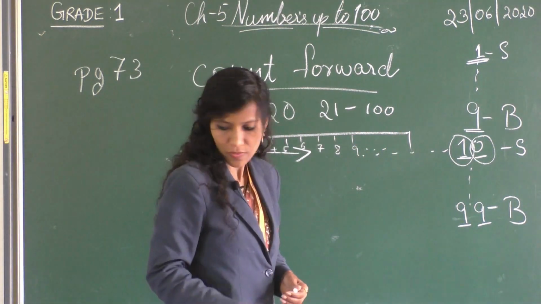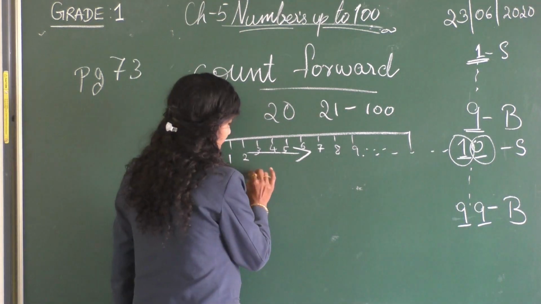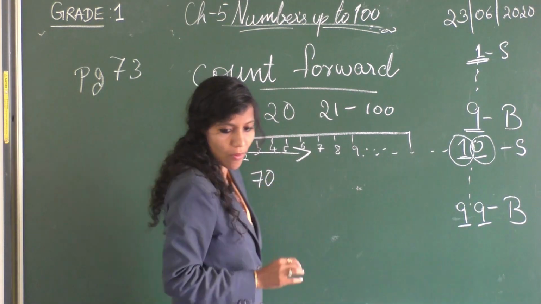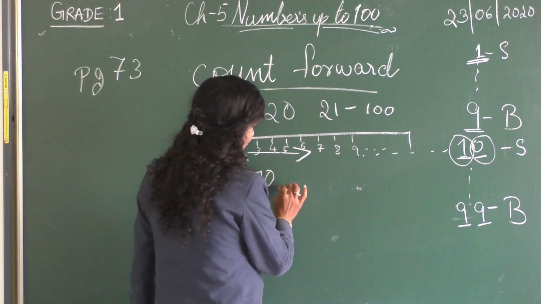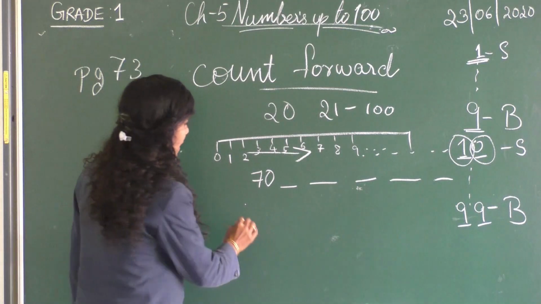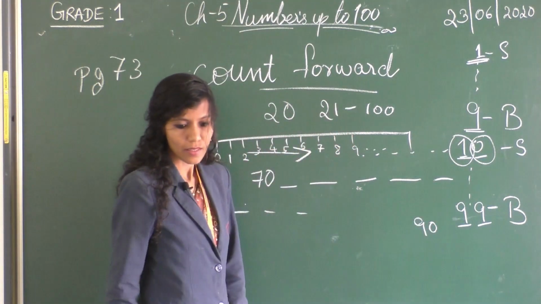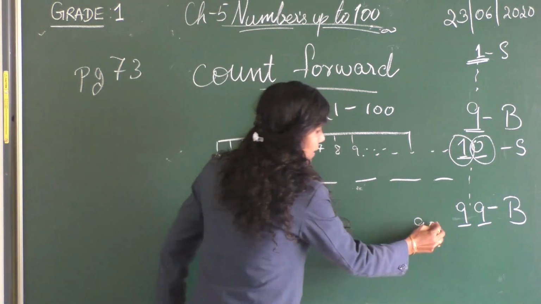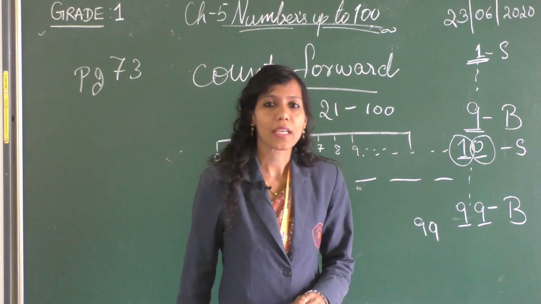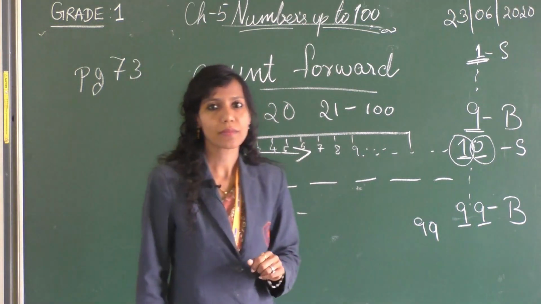Now the first one which they have given you is from 70 till 99. Okay, here you have to go forward in the number line.